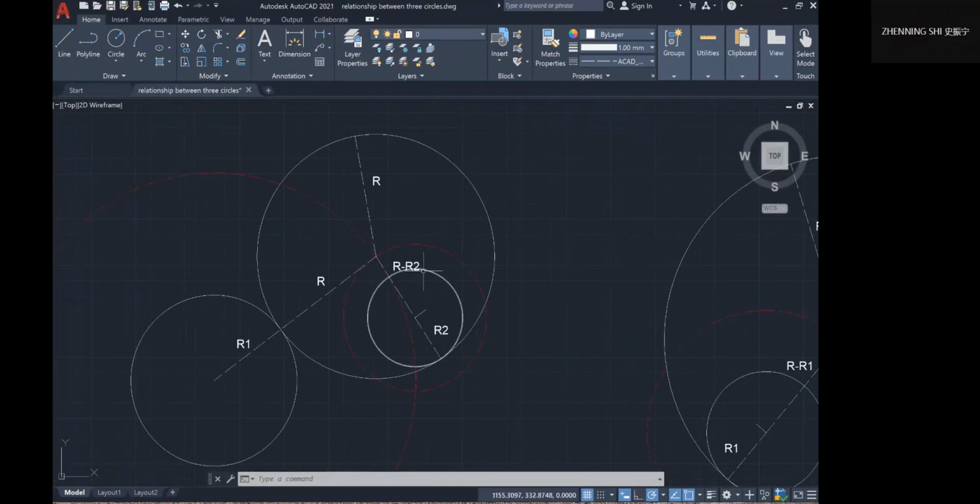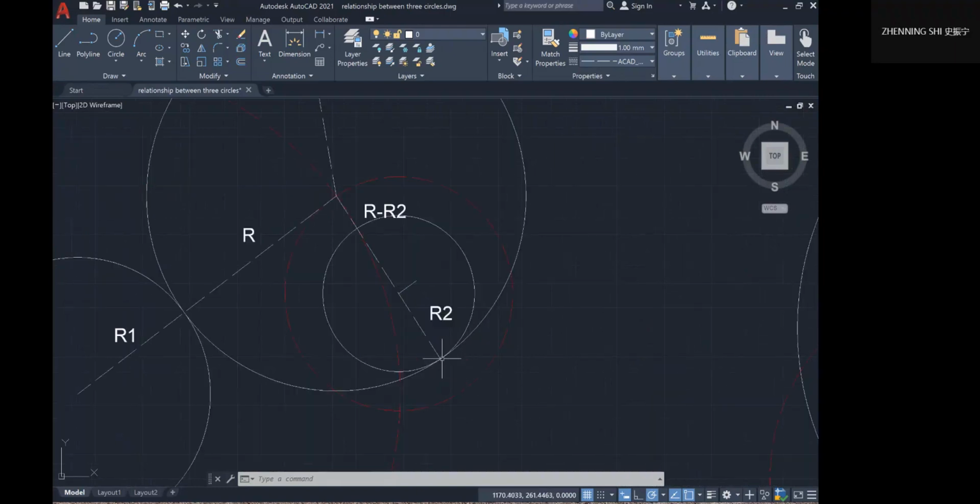So this one, I draw a line from the center of R and the cross point. You can see this point to the center of R2 is the radius R2, and this radius, okay, this one is R.